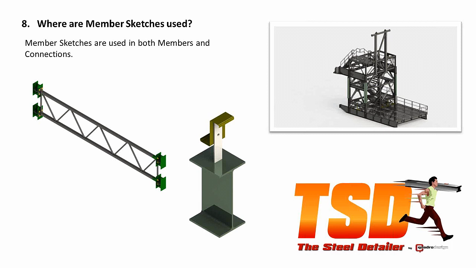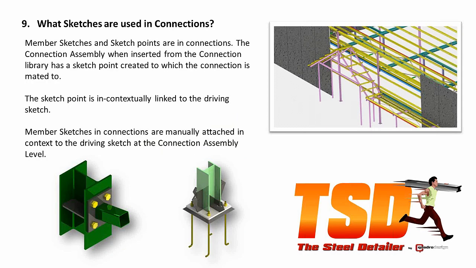And then inside the welded assembly, it attaches the connection to that welded assembly sketch point. Okay, I'll show you that in a sec so you can see how that works. And obviously there's member sketches inside your connection so that you can set up things like braces shown in that base plate down the bottom there, and also in the truss that's going to have a slope on it.